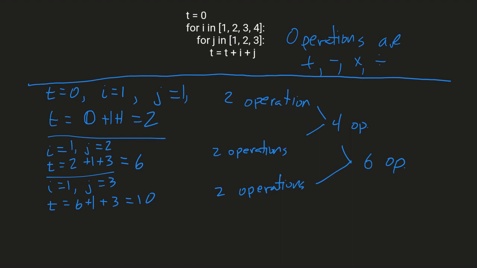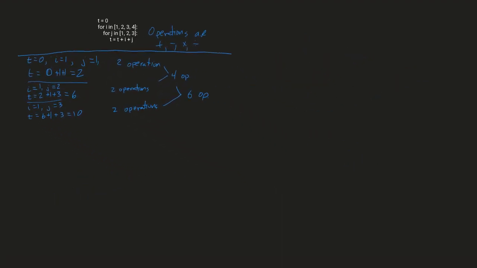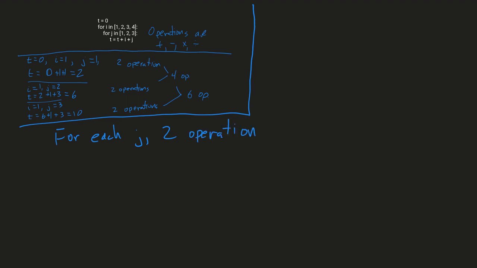So instead of going through all of that again, let's just think about what's going on and analyze what's happening here. Maybe we can shorten our work. What we're doing here is, for each j, we're going to get two operations because for each j we have two additions.